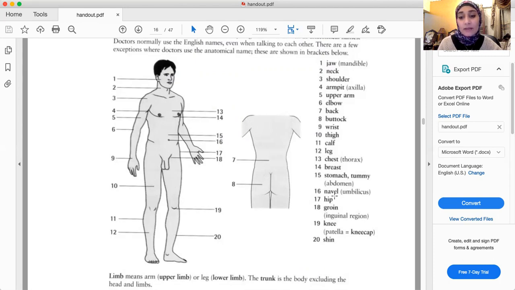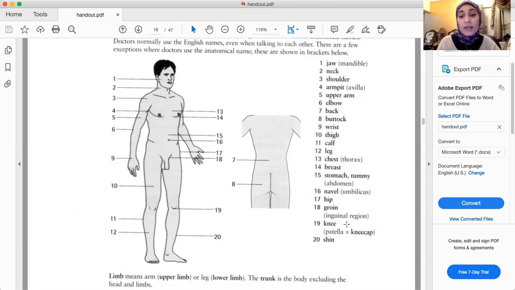We have navel, and the anatomical name is umbilicus. We have hip, groin, which is the inguinal region. We have knee, which in anatomy is called patella or kneecap, and we have shin.